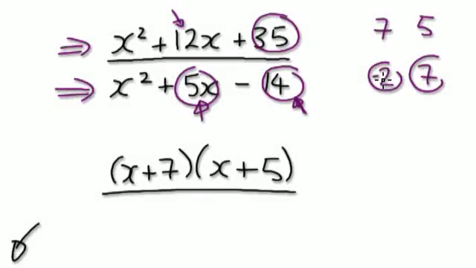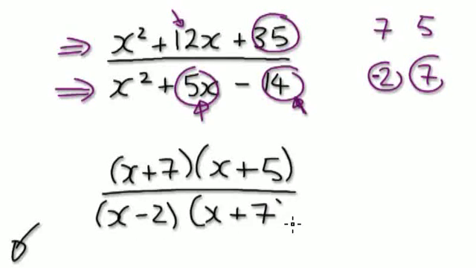If you have a minus 2 here, minus 2 times 7 gives you minus 14, and when you add them together, it gives you positive 5. So when you factorize it, it gives you this: x minus 2, and then x plus 7.